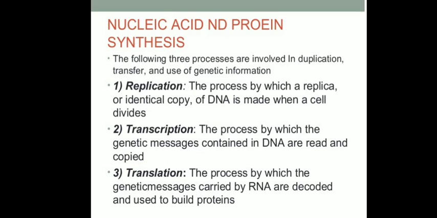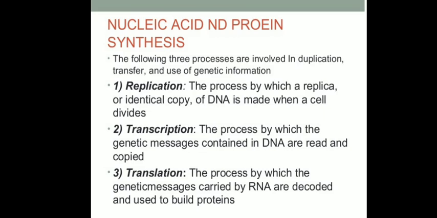Now here are the nucleic acid and the protein synthesis processes. The nucleic acids are synthesized with the help of the replication process, the process by which identical copies of DNA are made inside the cell during cell division. That process is known as replication.